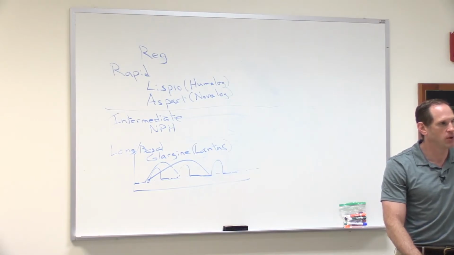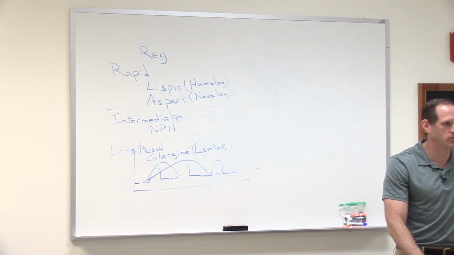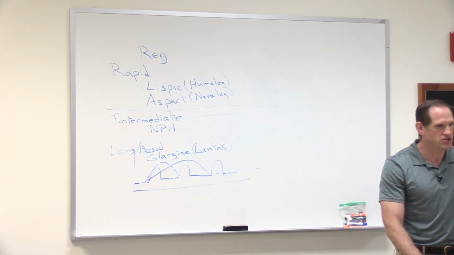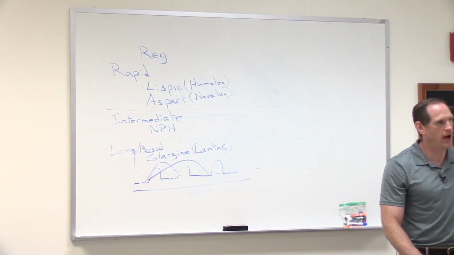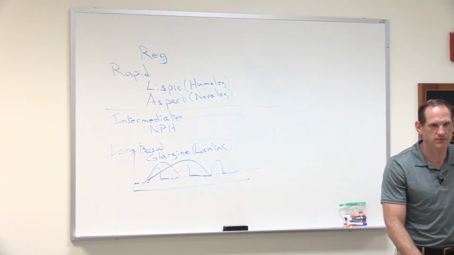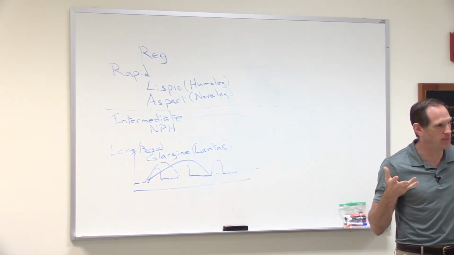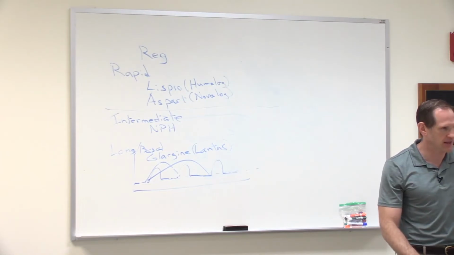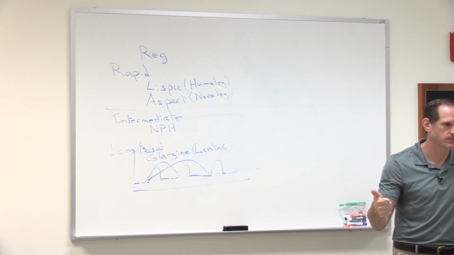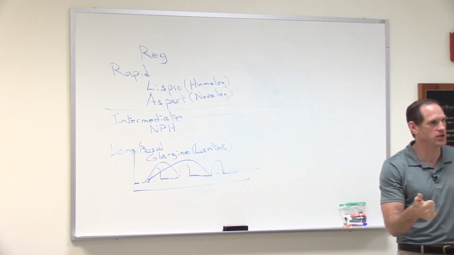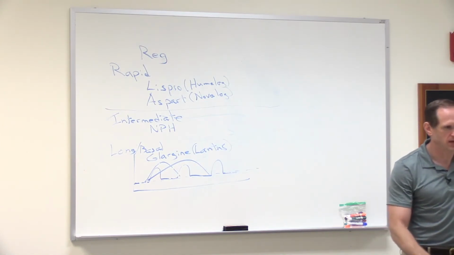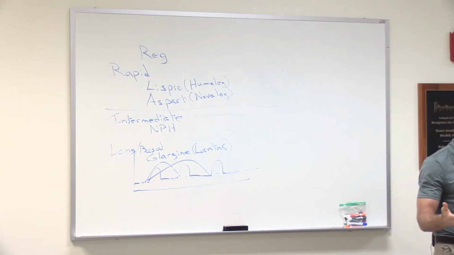So don't expect super tight blood glucose control in the hospital. The other thing is that patients are under a lot of stress. And what happens when we're under a lot of stress? Blood sugar has a tendency to go up because of the sympathetic response and the cortisol response. On top of that, a lot of patients in the hospital are on corticosteroids. What's one of the adverse effects of corticosteroids?